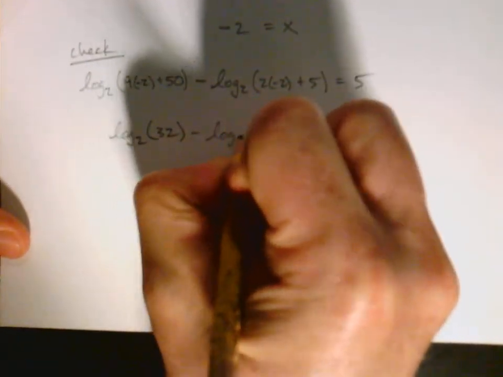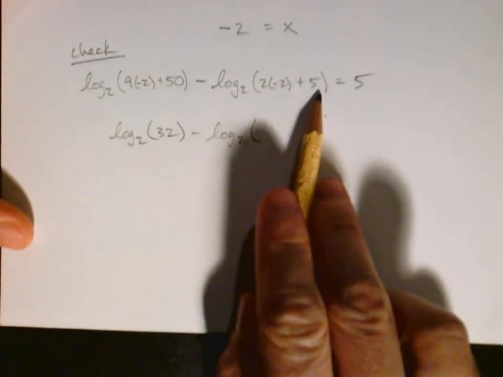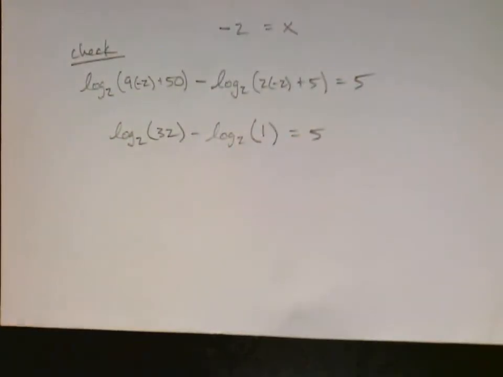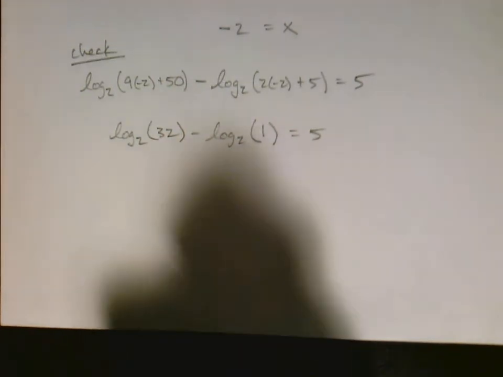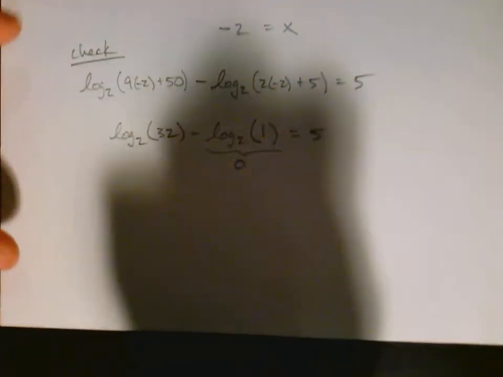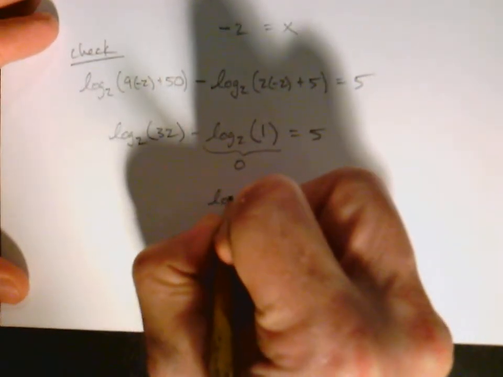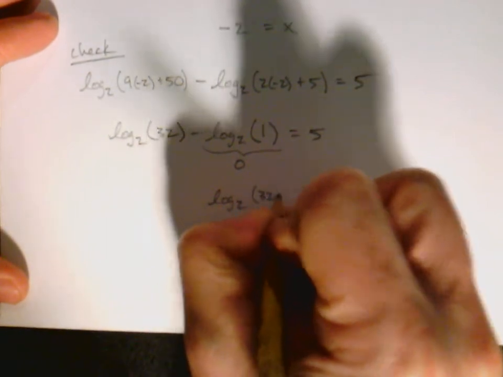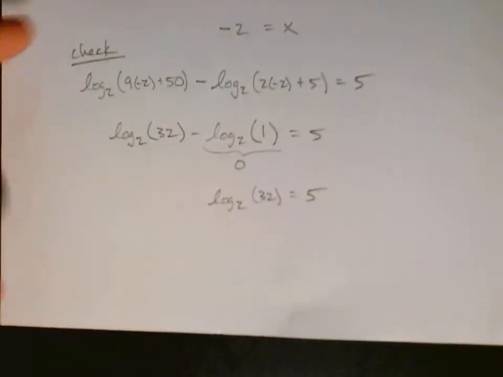Minus log. Negative 4 plus 5 is 1. Okay. Hey, what do you remember about the log of 1? 0. So that whole thing is gone, and we've got the log of 32 with base 2 equals 5.